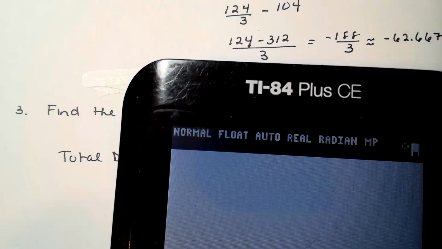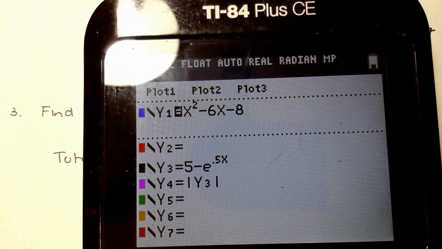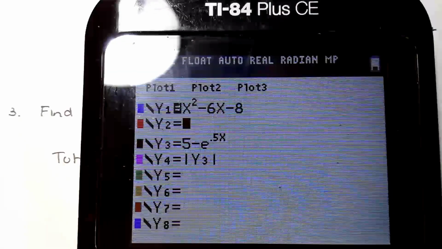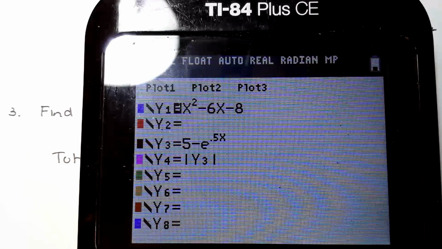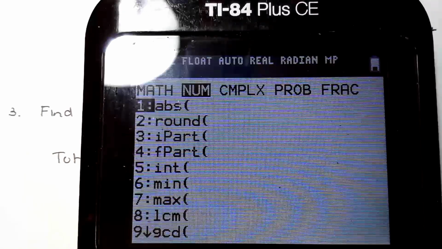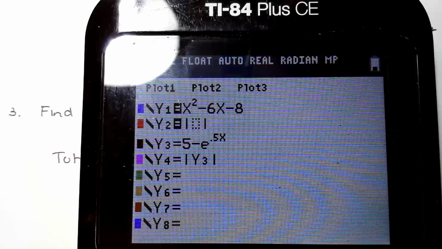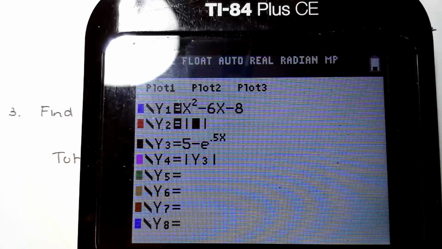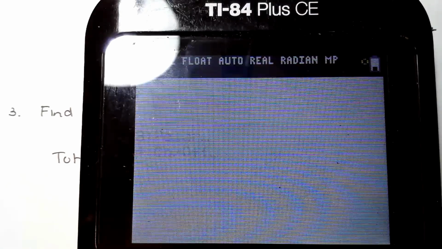So what you want to do is go into y equals, and I'm going to put it into y2, right? To get the absolute value symbol, you need to do math, right arrow 1, and that throws the absolute value symbols in there. Then you can either retype the function or do vars, right arrow 1, 1.